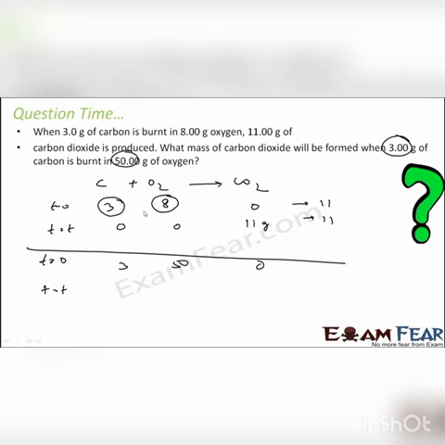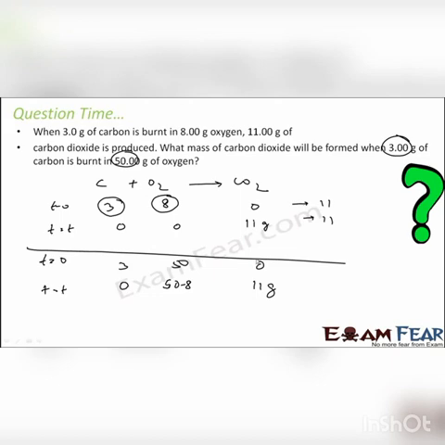In this case, both reactants are consumed. Carbon and oxygen are consumed to give 11 gram of carbon dioxide. So this will become 0 and this will become 50 minus 8. Only 8 gram will be used, and here you get 11 grams again.